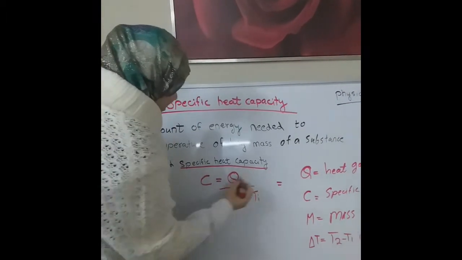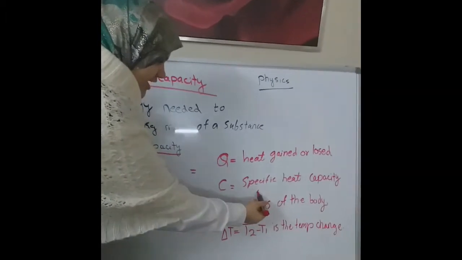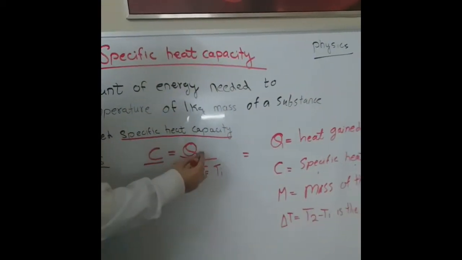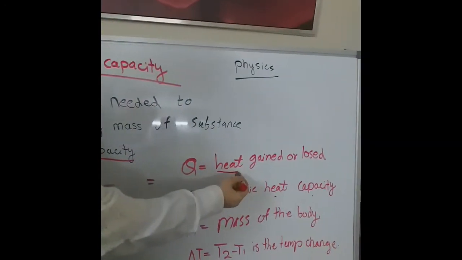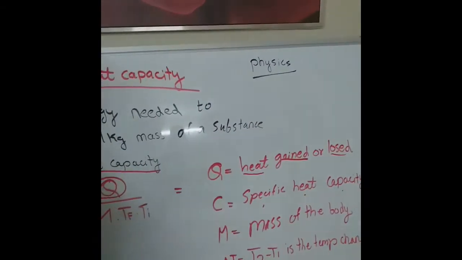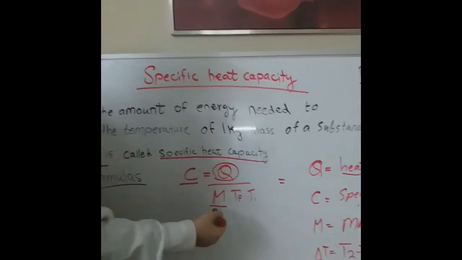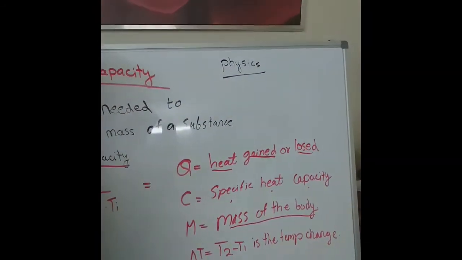the formula is C, which means the specific heat capacity, and Q is heat, which can be gained or lost. M means the mass of the body.